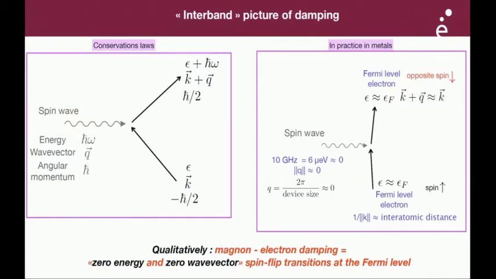And the energy of the electron stays almost the same, so it stays at the Fermi level. The only thing that changes for the electron is that it has to carry away the angular momentum, so the spin of the electron will flip.